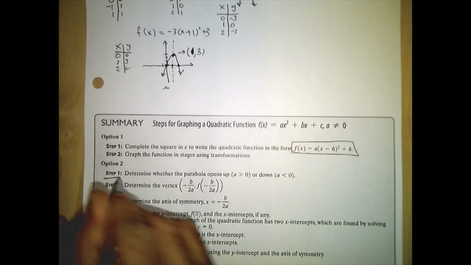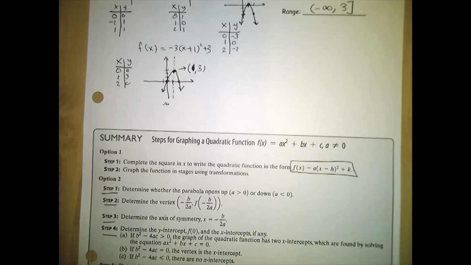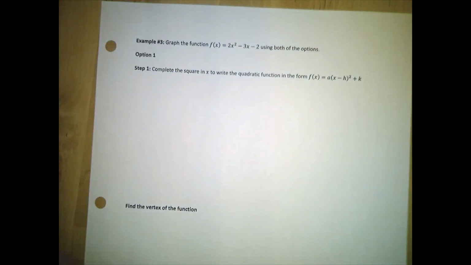Or you can do option 2, which is all of these 6 steps here. Either of these is okay. So let's graph the function f(x) = 2x^2 - 3x - 2 using both of the two options that was just mentioned here.